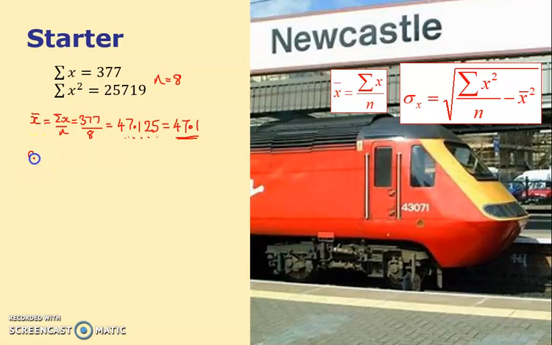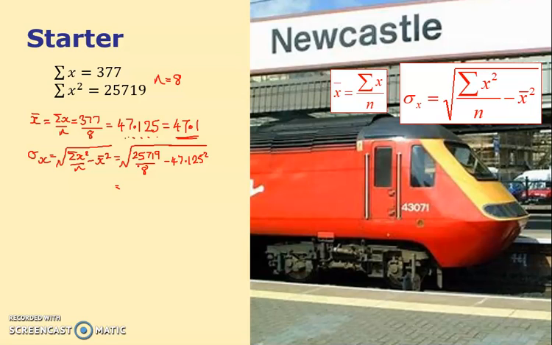Then to find the standard deviation, it's the square root of sigma x squared over n minus x bar squared. So let's do that sum. It's the square root of 25719 divided by 8 minus 47.125 squared, and that's what I've got to type into my calculator. So let's do it.